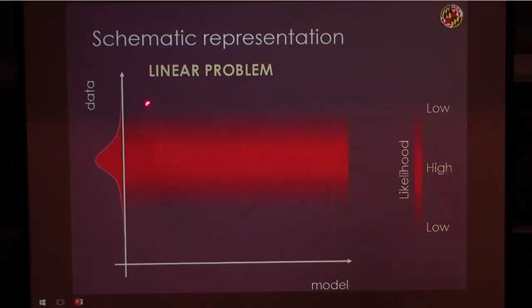Let's imagine that all the data you measured is represented schematically on this y-axis here. It could be a single data point, or it could be a billion data points of different types even. This is the data space. Remember, it's like the two planets. This is your position on the data planet. And that data has some uncertainty, so it has a region of high likelihood and a region of low likelihood.